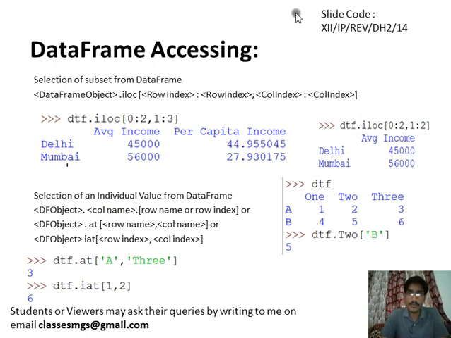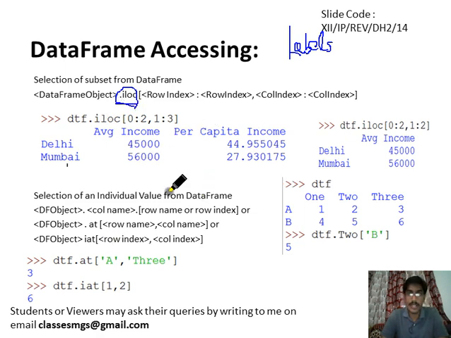We will see another important concept, iloc. This is very similar to loc, but loc works on the labels of the data frame, while iloc works on the index of the data frame. Keep this in mind.